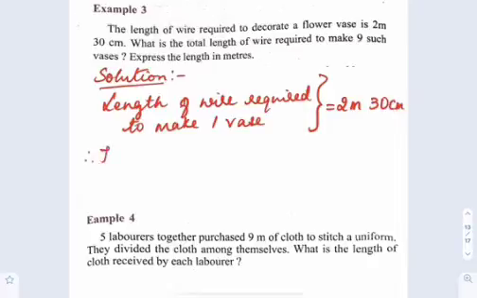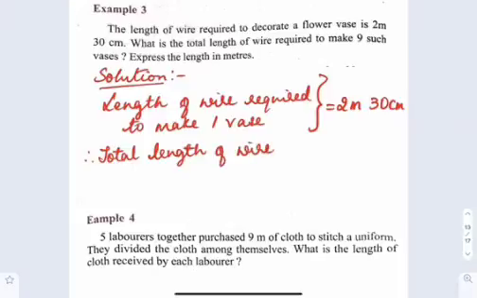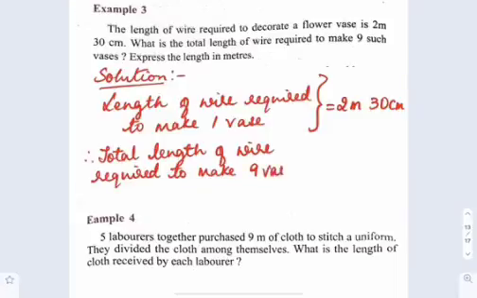Therefore, total length of wire required to make 9 such vases is equal to, what do? You actually multiply by 9, correct? 2 meters 30 centimeters into 9.